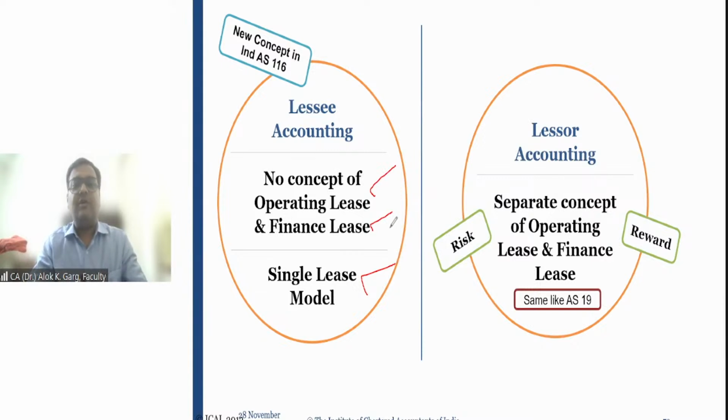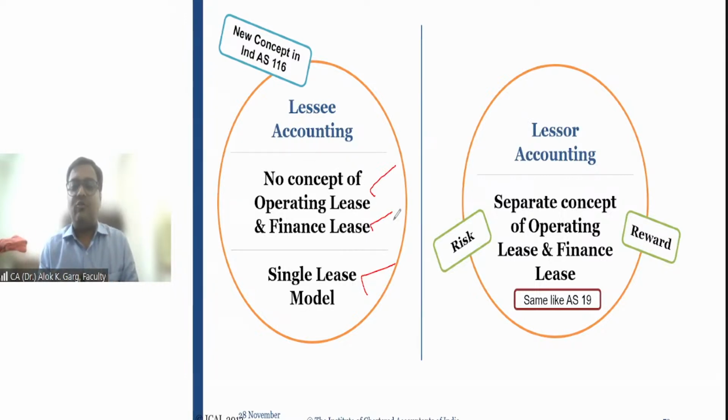That's all. There is no concept of risk and reward transfer. If you get a right to control the use of an asset for 2 years, you recognize a right of use asset for 2 years.